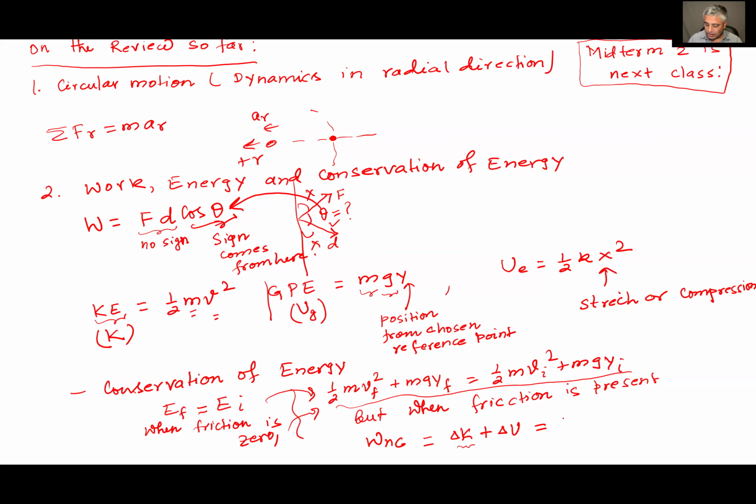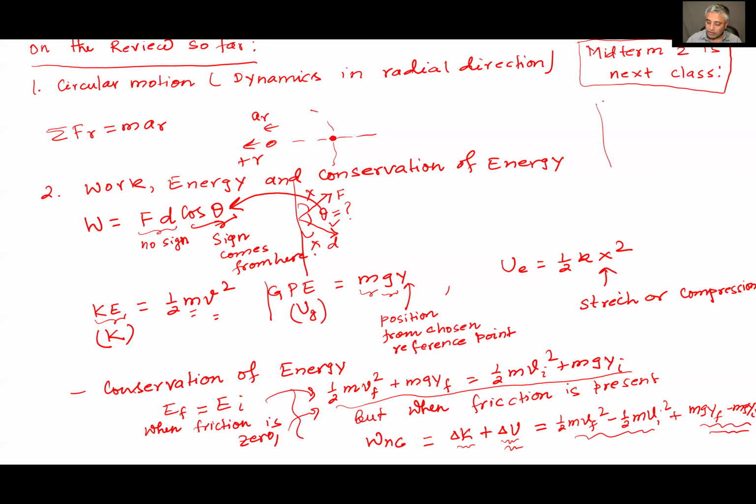This change in kinetic energy means half m v_f squared minus half m v_i squared. And then change in potential energy means m g y_f minus m g y_i. So that is about the energy and work.